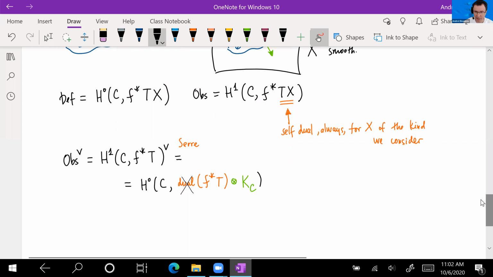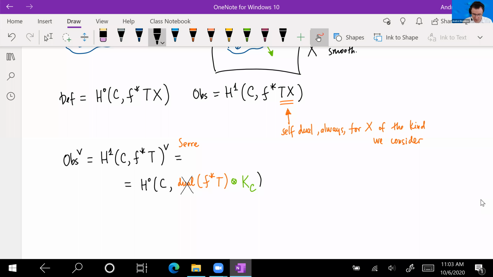So this would be saying, if I'm asking for sections of a vector bundle, sections of a vector bundle and sections of a vector bundle twisted by a point, so this is in canonical some divisor, they just differ by evaluation at this point.